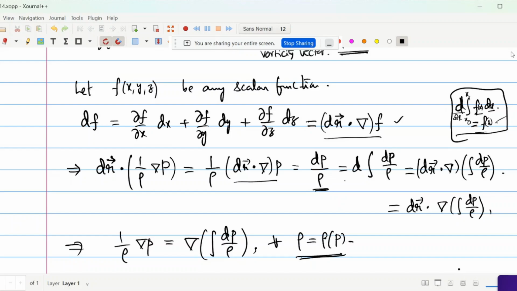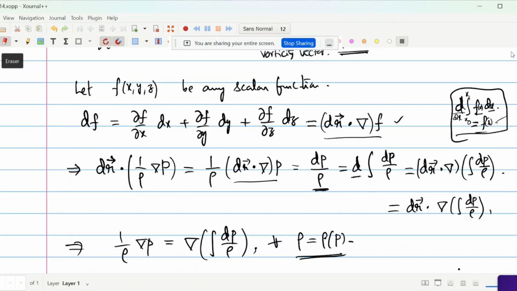Rho is also a function of x, y, z and t. So in that sense, if I write D as a total derivative of all the variables x, y, z and t, then I will have the integral of that. So this is in some loose sense.